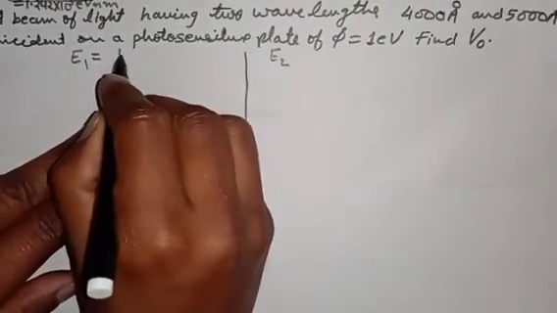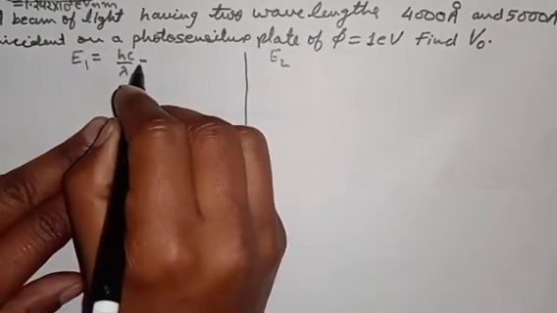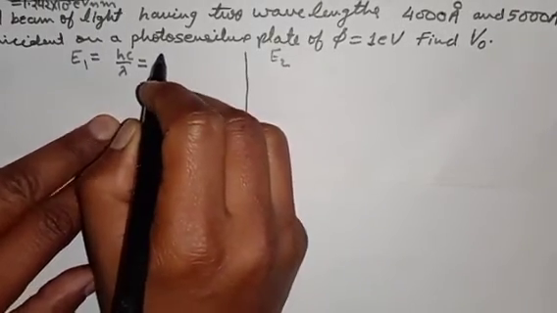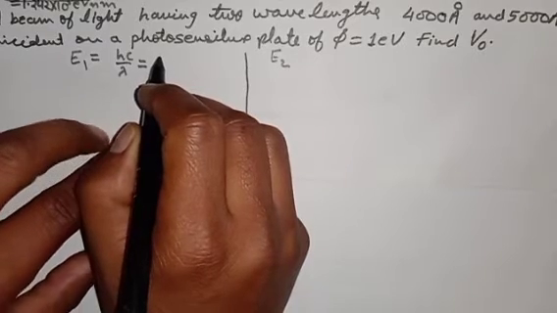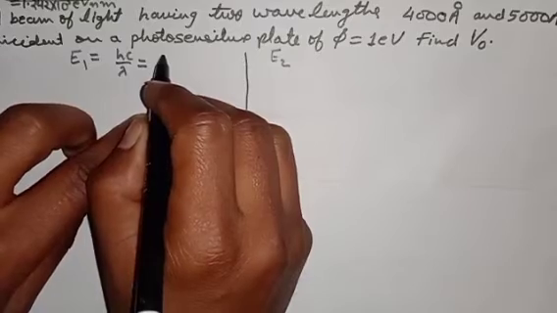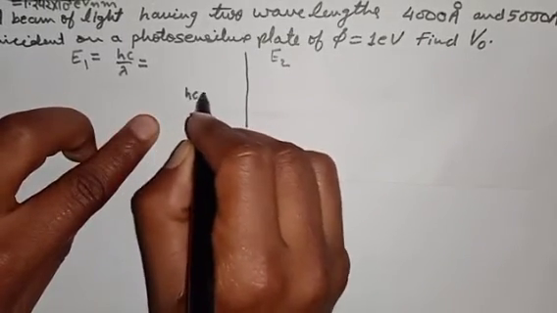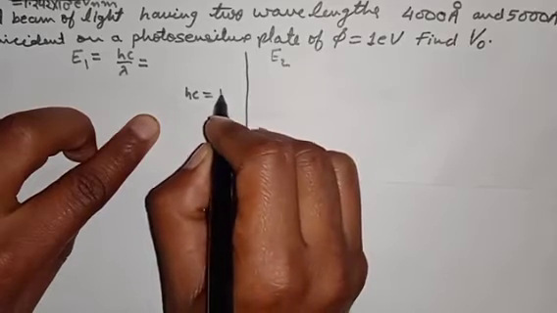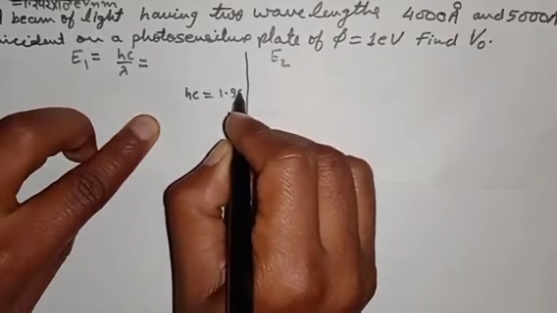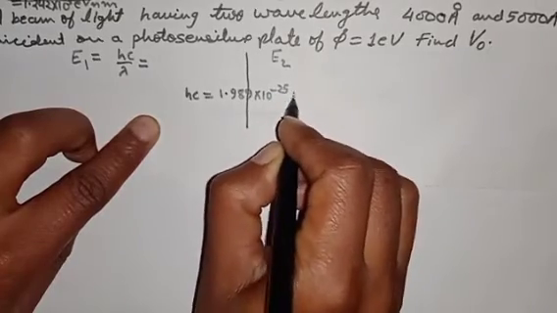So for E1, hc by lambda, and we will find the value of hc. The value of hc is 1.989 into 10 to the power minus 25 joule meter.